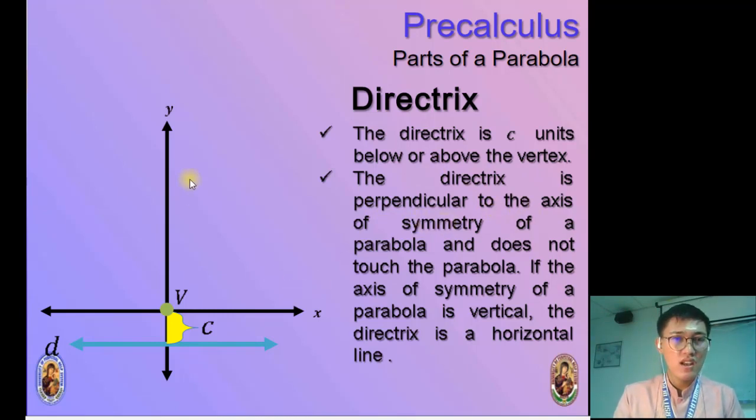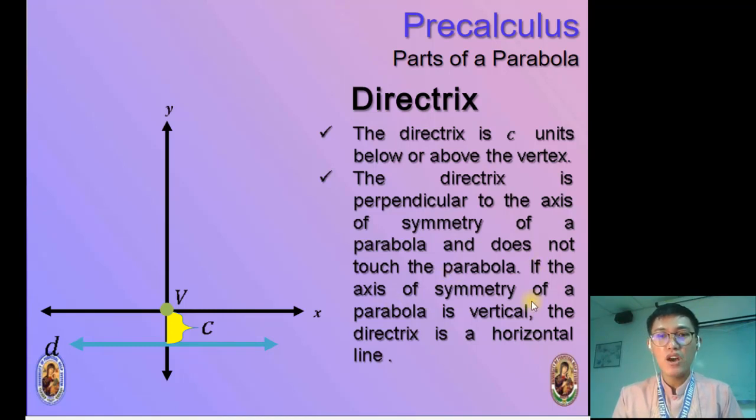Alright, so let's say this one is our axis of symmetry. If we are going to draw the directrix, it must be perpendicular to the axis of symmetry. When we say perpendicular, it will intersect the axis of symmetry forming 90 degrees. The directrix is perpendicular to the axis of symmetry of a parabola and does not touch the parabola, because this is the opposite of the focus, right?